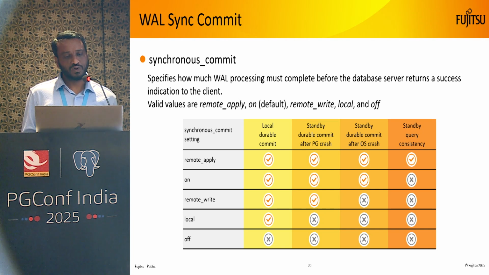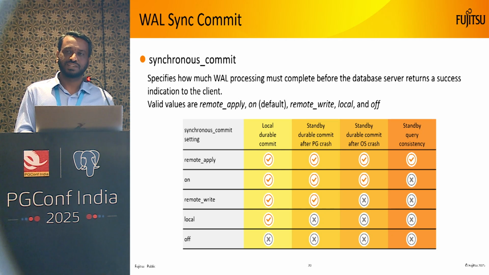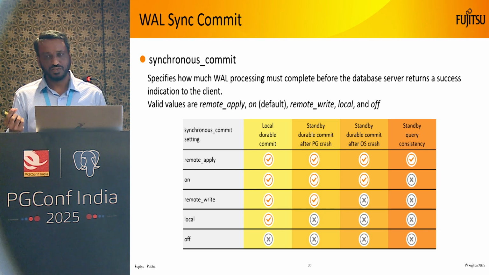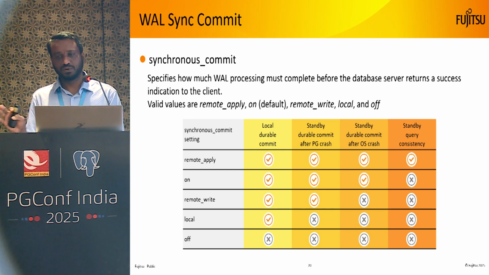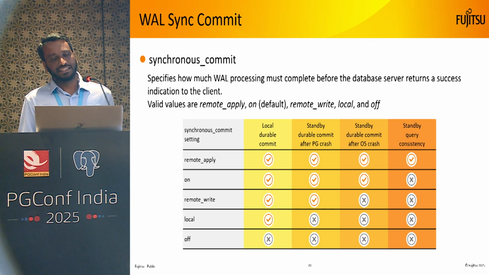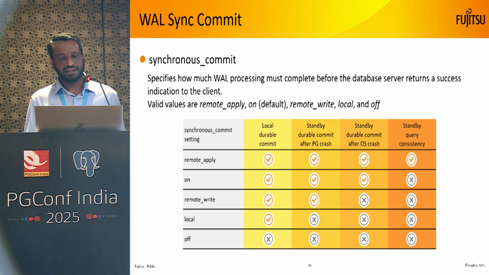These three parameters, remote_write, on, and remote_apply, are for replication. With remote_write, apart from writing the WAL buffer contents to the WAL file during commit, it will also send this WAL buffer content to the standby node, whichever standby you have configured. In on, apart from sending this WAL buffer content to the standby, we will also make sure that it is flushed to the WAL file in the standby node.